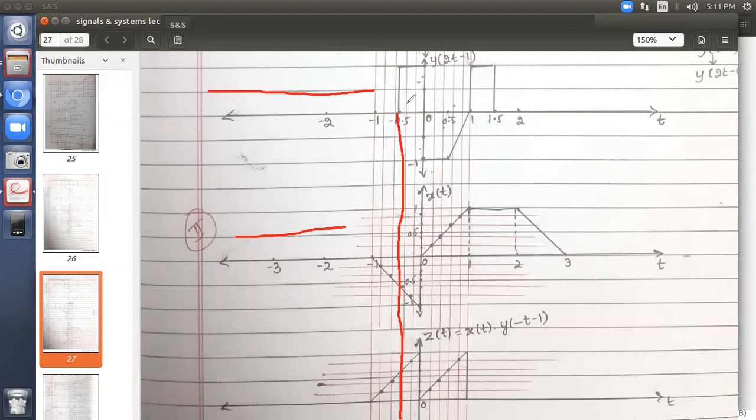I think I have made some mistake here, in the main answer, because x of t has some value here and this is not having any value. So if I multiply, I should not get this. Something I have done wrong here. Please let me check that and get back to you later. Please give me some time for this.